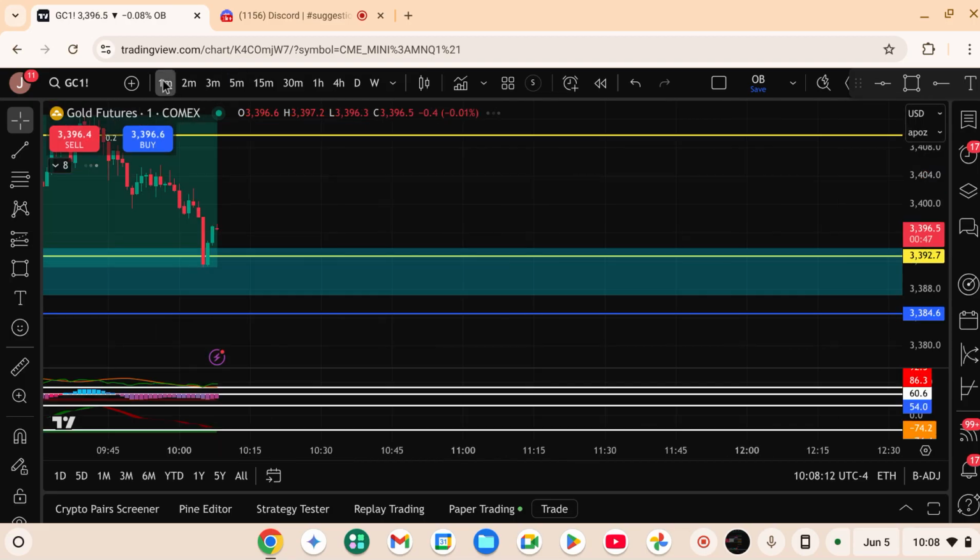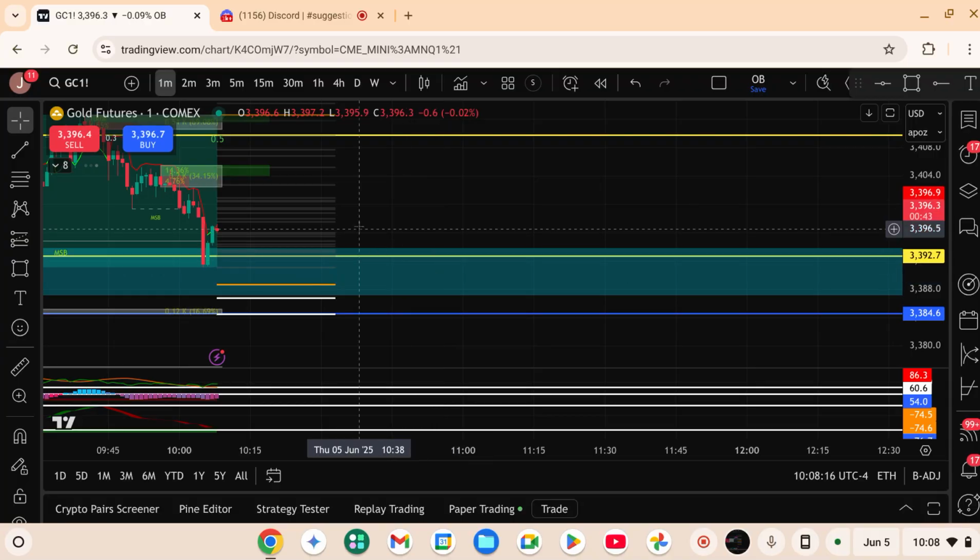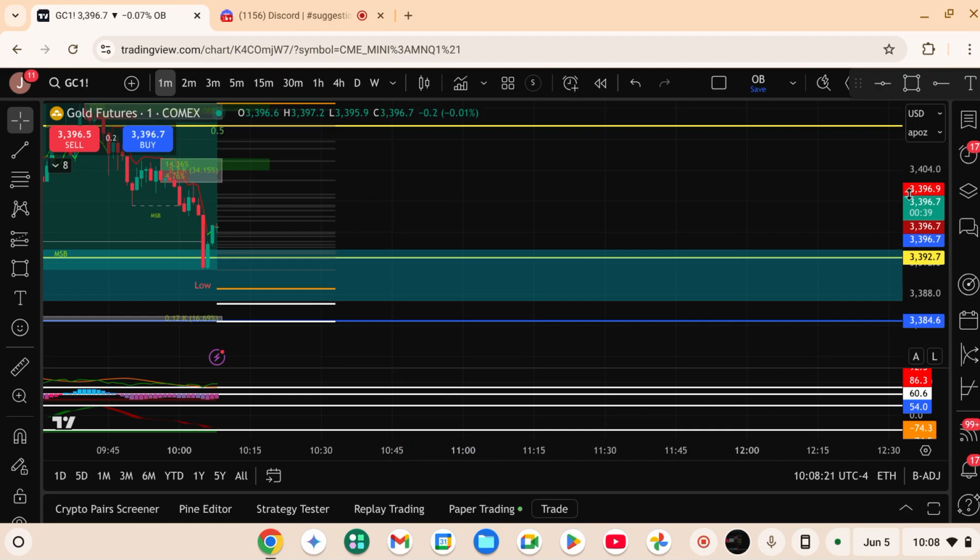So let me look at the 1 minute. We could enter on this next candle that opens up on the 1 minute.